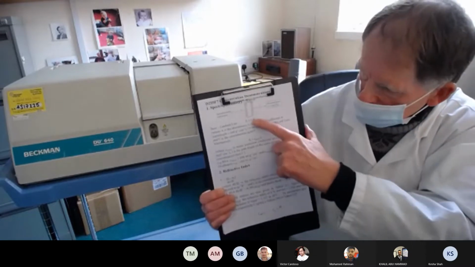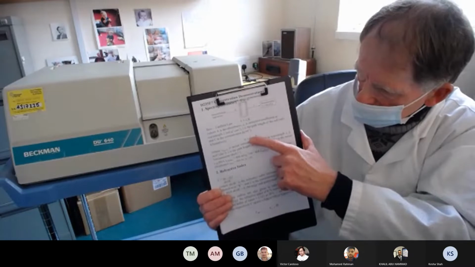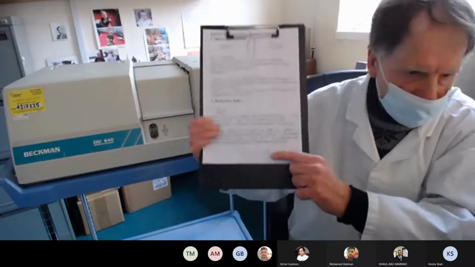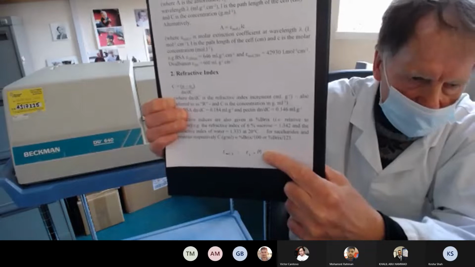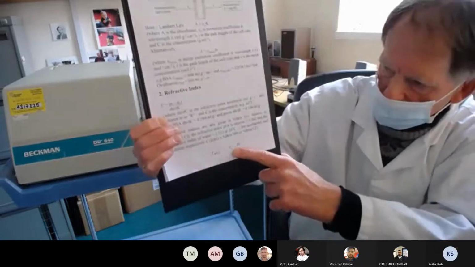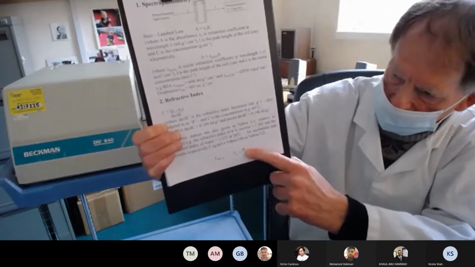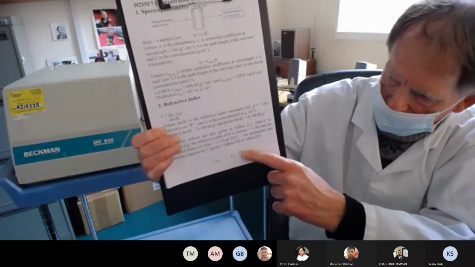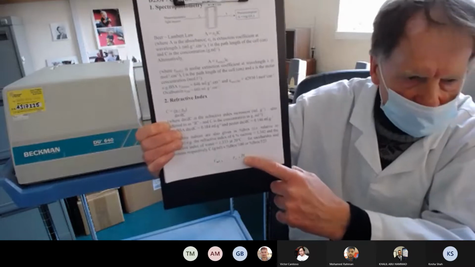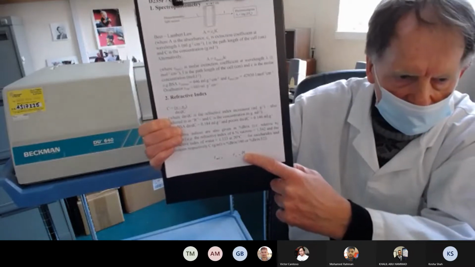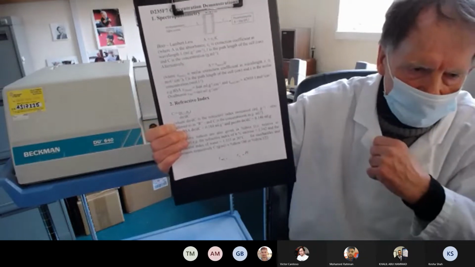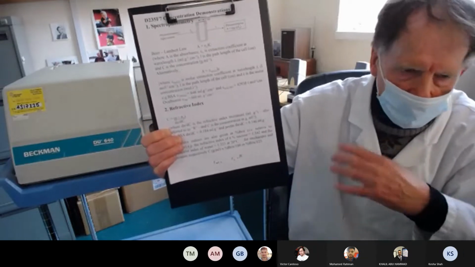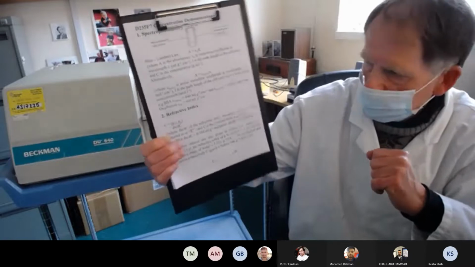Since that relation is equivalent to that one, the molar extinction coefficient is related to the standard extinction coefficient simply by this molecular weight multiplier here. Sometimes people prefer to work in molar concentrations. Sometimes people prefer to work in weight concentrations.